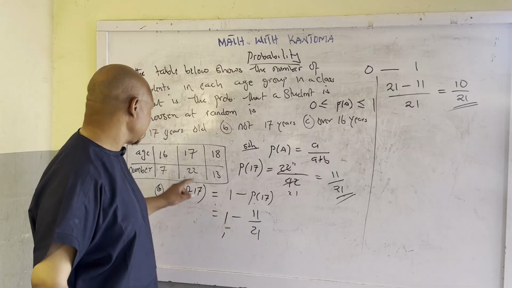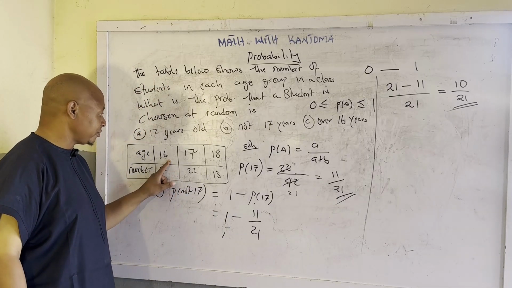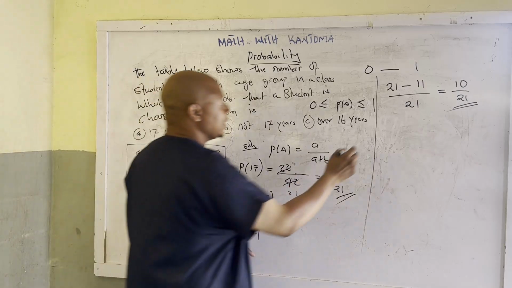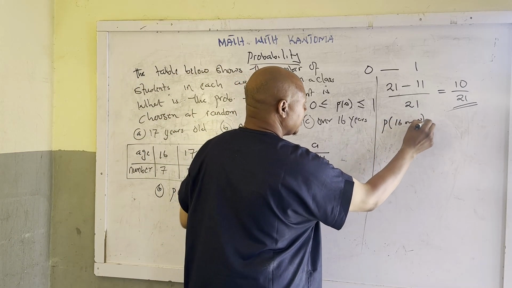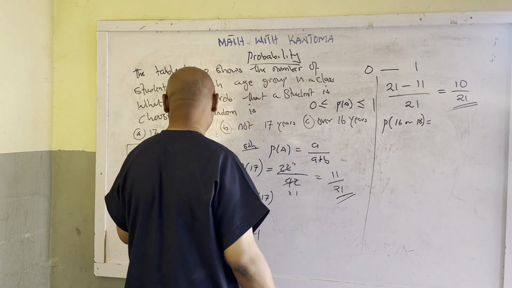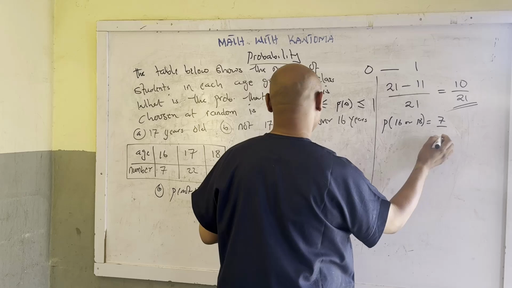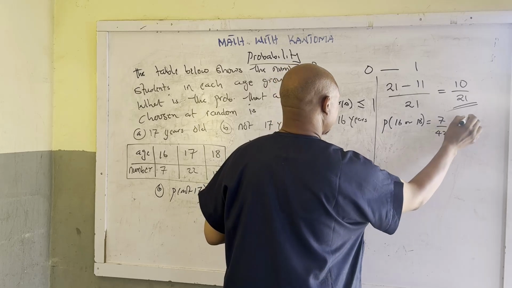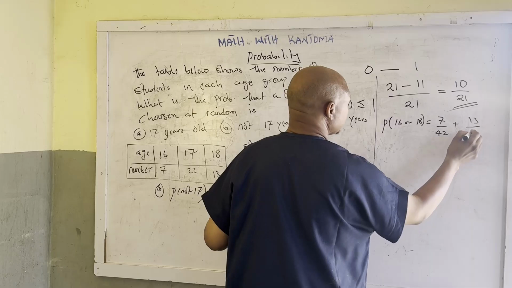So now let's look at the other way around. If we take the probability of not 17, we said it's either the probability of 16 or 18. So this is going to be the probability of 16, which is 7 over the total of 42, plus the probability of 18, which is 13 over 42.